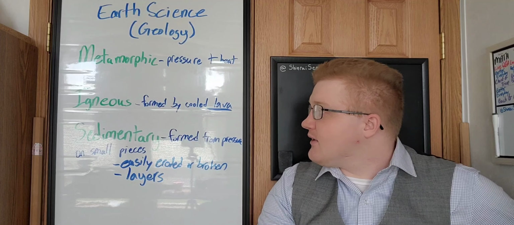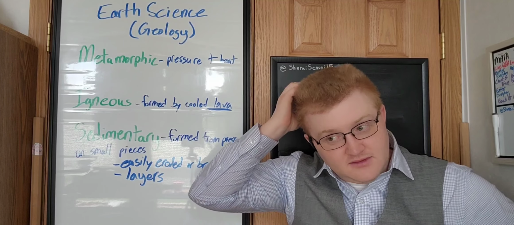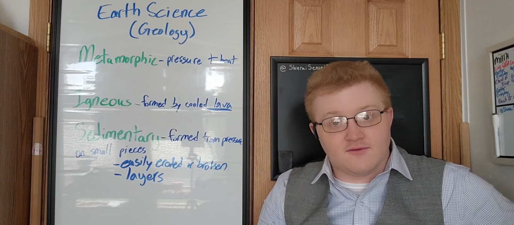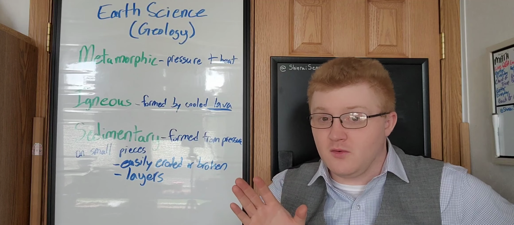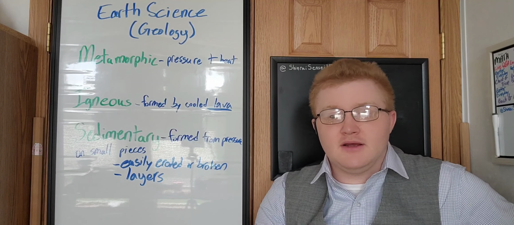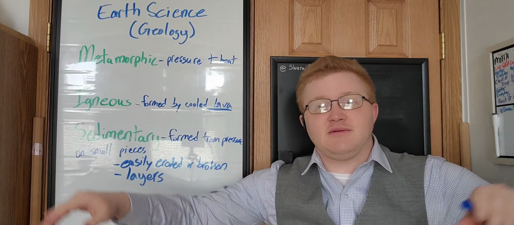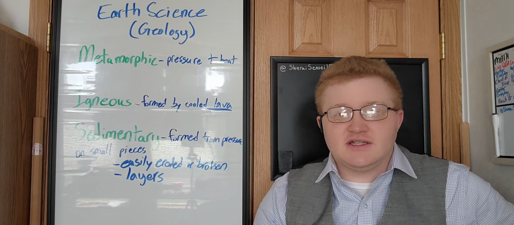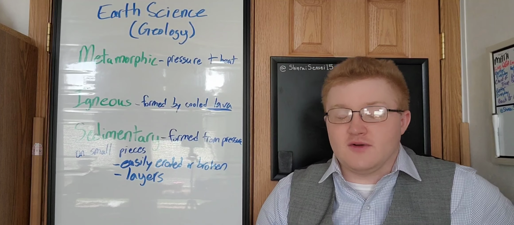So igneous rock forms by cooling lava. Think of the lava flows that are formed at, I think it's called the Kilauea, but don't quote me on that. Kilauea volcano in Hawaii, right? The shield volcano known as Kilauea. It's just constantly depositing material, and it's the reason that the islands are as big as they are, right? It created those islands.